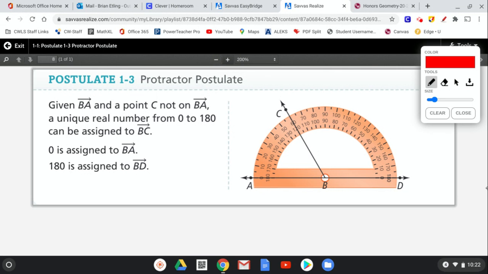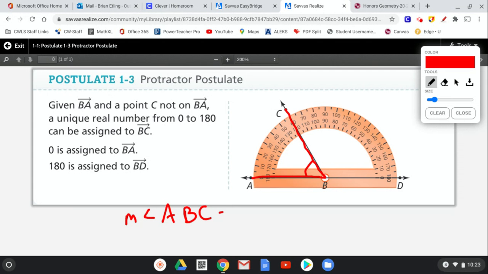On here, we have the protractor lined up. If we ask for the measure of, and I put that M in front, it just means measure. What's the measure of angle ABC? If I trace it, A to B to C, that is this angle, and that is 60 degrees.